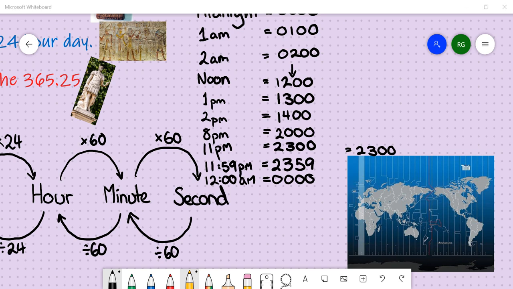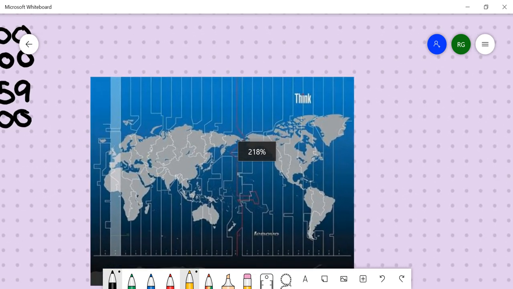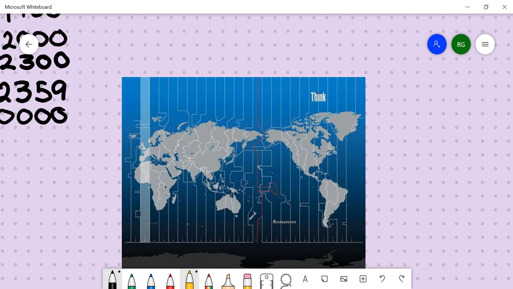The reason I've got that little map down in the corner is because we also sometimes use time zones. Now this one's just been taken from the internet and it looks a little bit weird with all these squiggly little lines. But what happens is the whole planet is divided up into time zones.